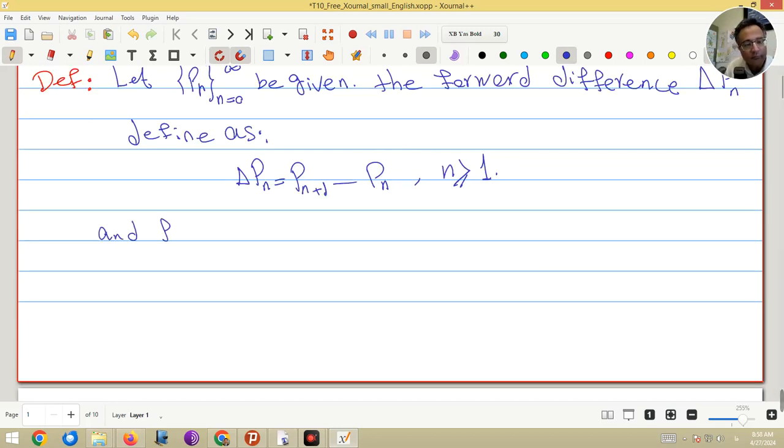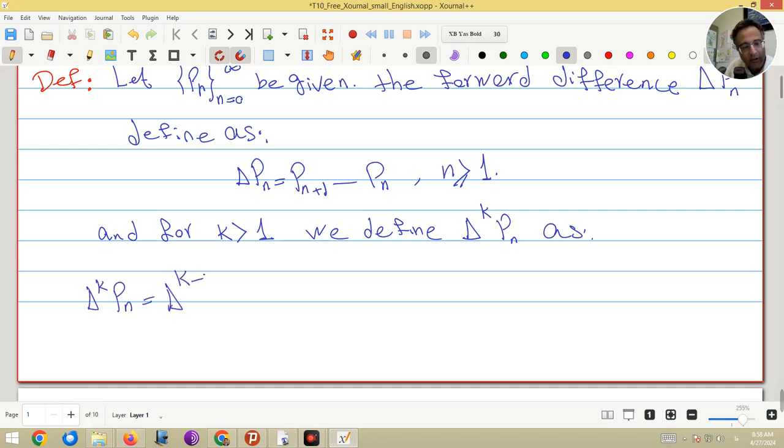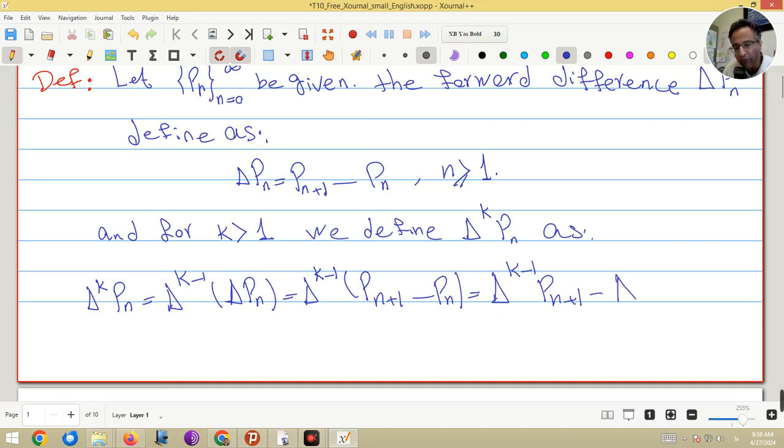And for k greater than 1, we define delta k Pn as delta k Pn equal to delta k minus 1 delta Pn, and we write this as delta k minus 1 of Pn plus 1 minus Pn, and this will be delta k minus 1 Pn plus 1 minus delta k minus 1 Pn.